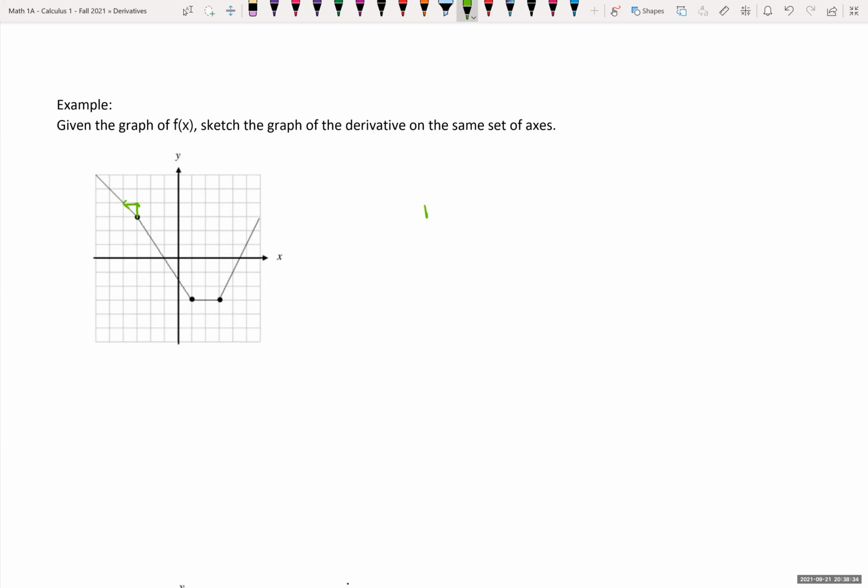Rise over run: rising one, but we're running one to the left, so that's going to be -1. So any point that you choose on this segment has a slope of -1.